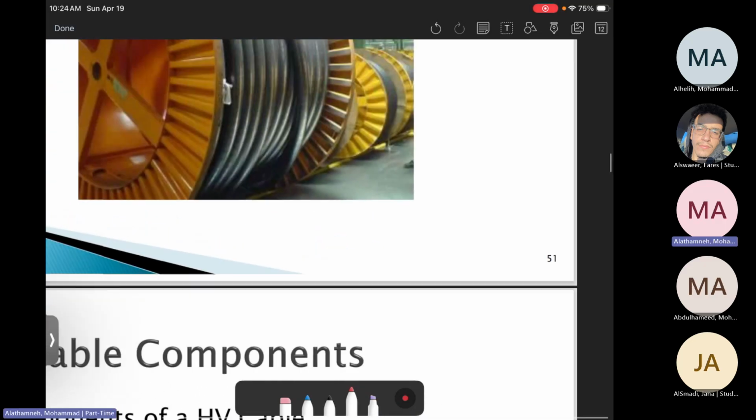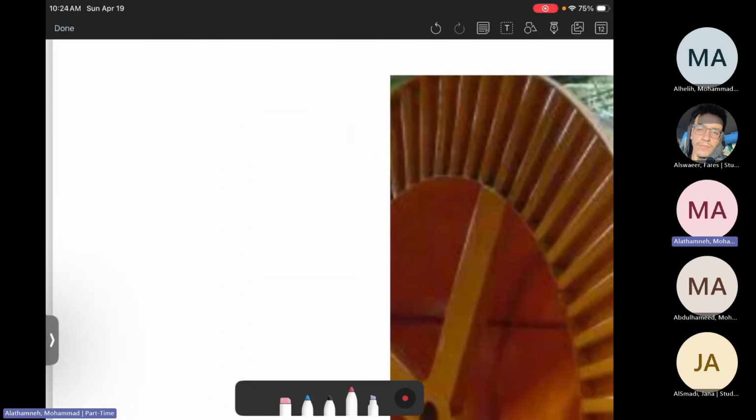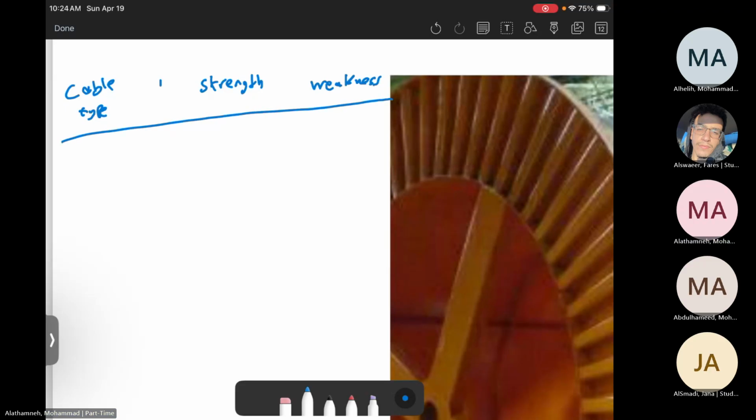Let me see if we have enough room. I need to have an empty space. Now, let me make a small table: here is cable type, here advantage or strength, here weakness. Let me start with TIC.